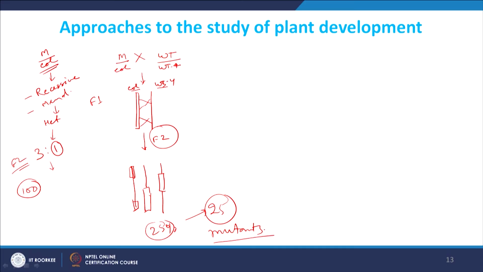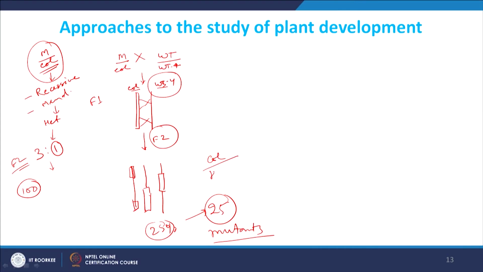So, what it means is that for this mutant, since my mutation is coming from the Columbia background and this mutation is totally absent in the WS4 background, in these 25 plants, the locus where this mutation is will be homozygous for Columbia.